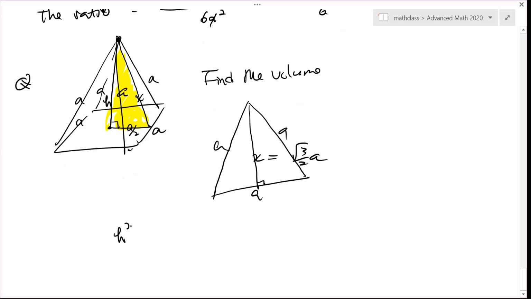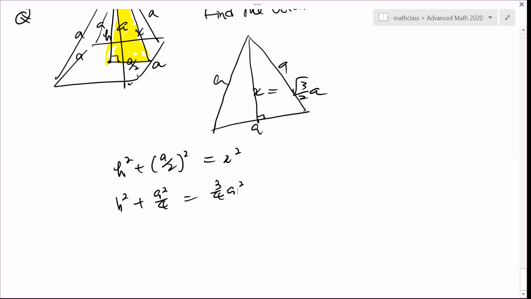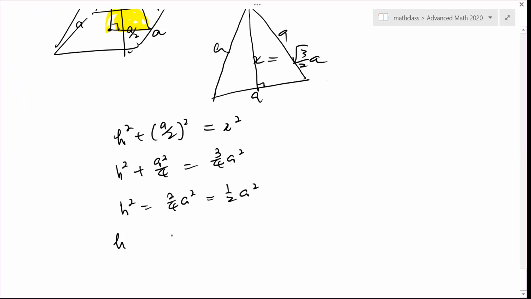So then h squared plus half of a squared equals x squared. So h squared is a squared over 4, x squared is going to be 3 over 4 a squared, okay? So you do subtraction. So it's 1/2 of a squared. So you find out h.